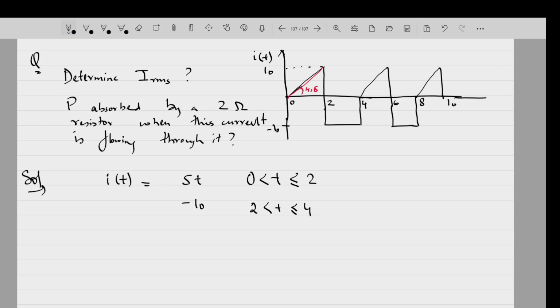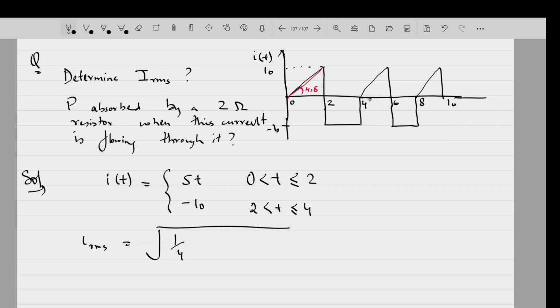So you can find the RMS value only when your function is periodic. If the function is not periodic, then you will not be able to find out the RMS value. Now you know the function, so you can find out the RMS value. I_RMS will be equal to the square root of 1 by T, where the time period T is 4 seconds.